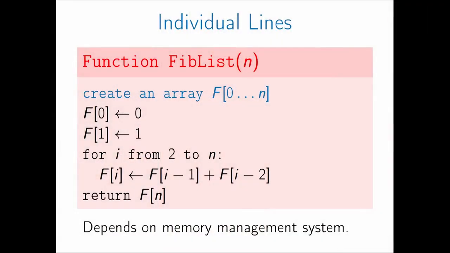So to start with, we create this array. And what happens when you try to initialize an array? Well, this depends a lot on your memory management system. Fundamentally, all you have to do is find some space in memory and then get a pointer to the first location. On the other hand, how exactly you find this, maybe you need to shuffle some other things around to make room for it.